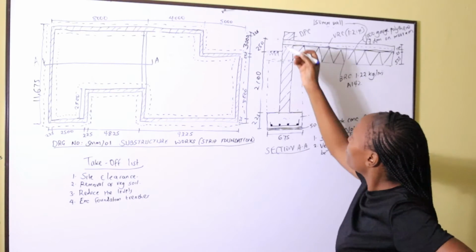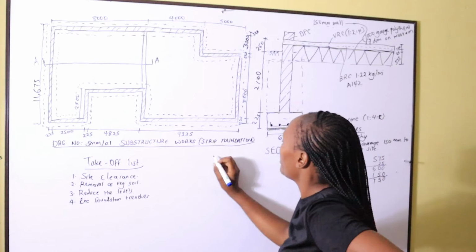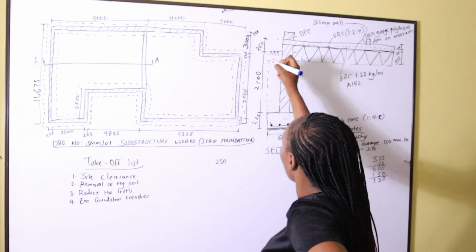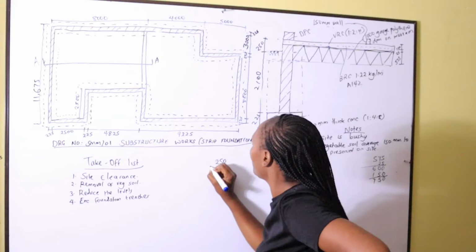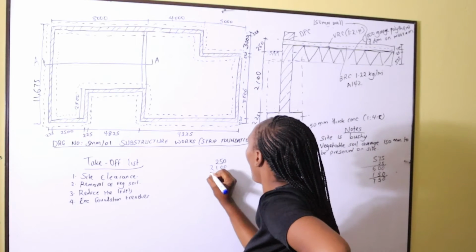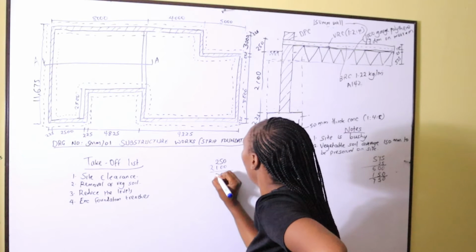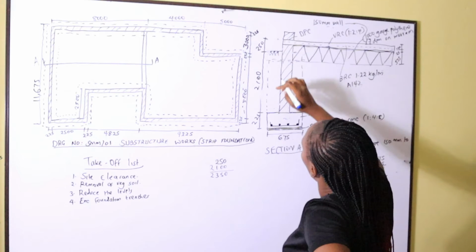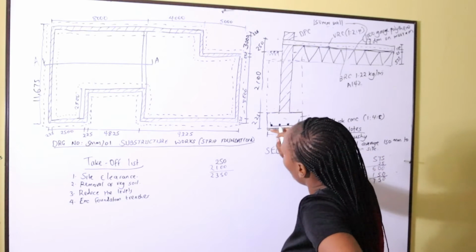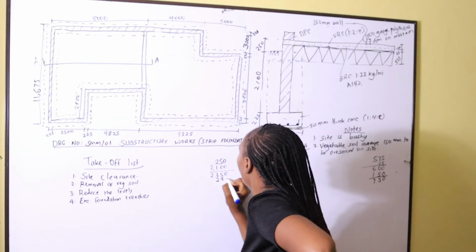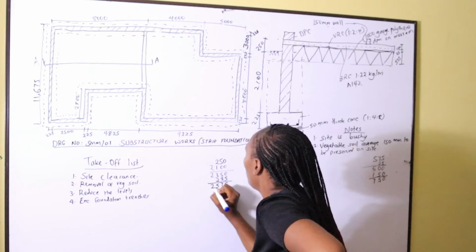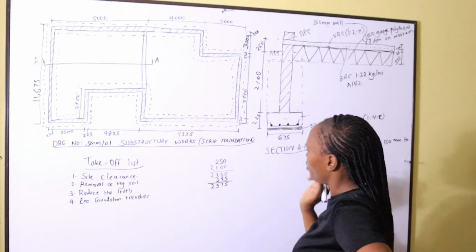The depth from the top of the concrete to the ground level is 250. From the ground level to the top of the concrete is 2100. Adding, that gives 2350. Then the concrete thickness is 225, so it shall be 2575.